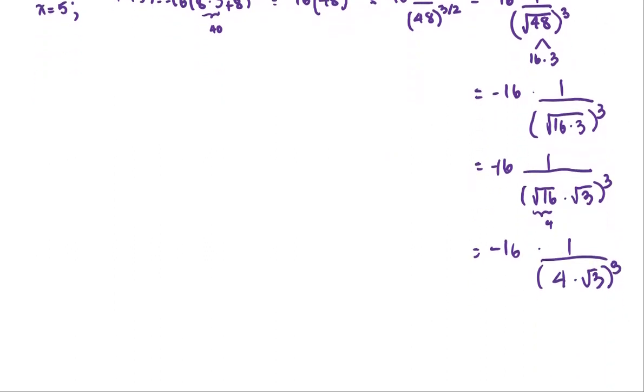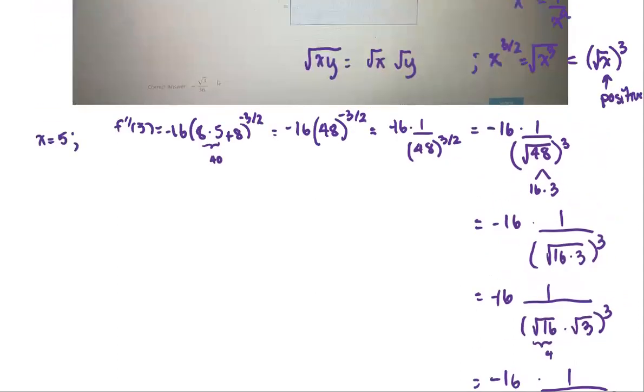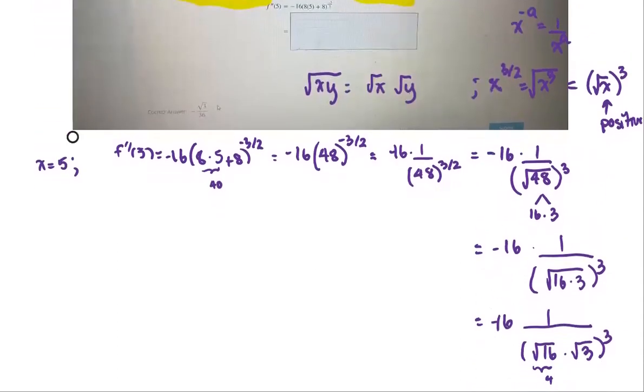And use the property similar to what I wrote up here: if you have the power outside, you can distribute the power to each factor. I'm writing in another color. So x times y raised to the power 1 over 2 is the same as x to the power 1 over 2 times y to the power 1 over 2.